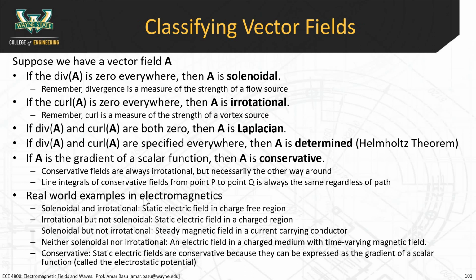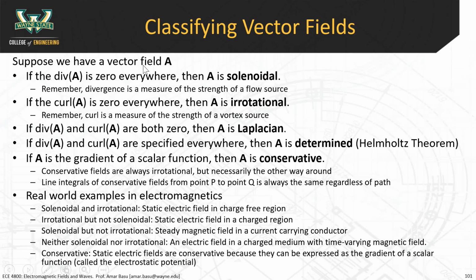All right, the last few minutes to wrap up this chapter is just doing the classification of vector fields. There are many different types of vector fields, so it is useful to classify them and have jargon to be able to classify the vector fields so that you immediately know what kind of field you're dealing with. So here are the definitions.